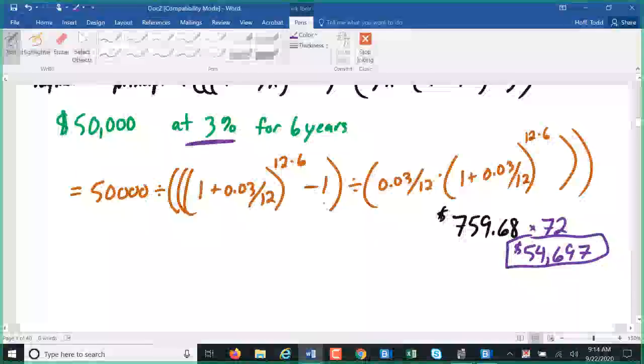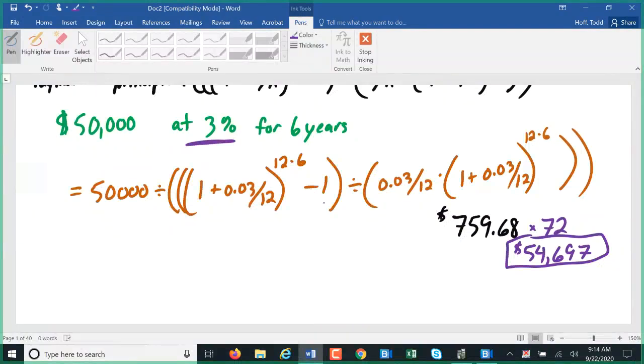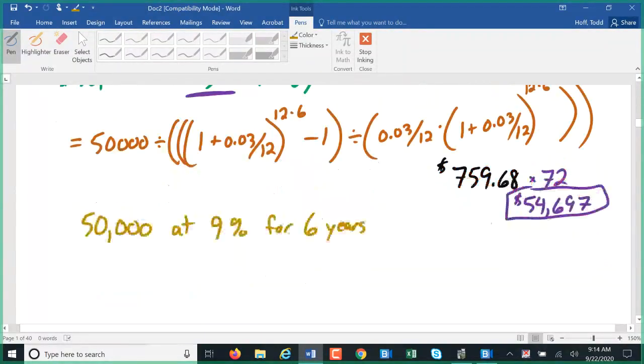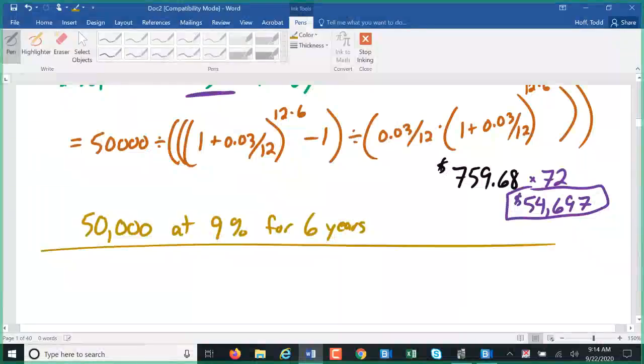Let's say you did some things wrong. You ran up some credit cards, you defaulted, missed some payments. Let's say you're sitting down in that low 600s. I have seen auto loans, actually the worst one I saw is I had a student who came in, had a 24% auto loan. We're not going to figure that out here, but let's say you're at 9% for 6 years. So that formula is going to be the exact same, only we're going to put in 9% for our rate.